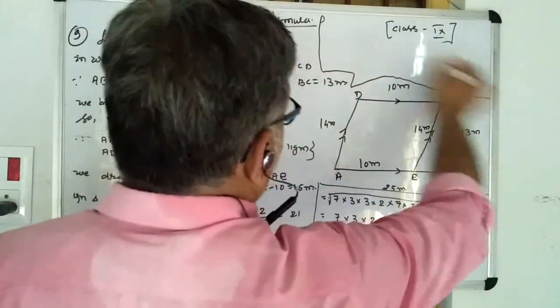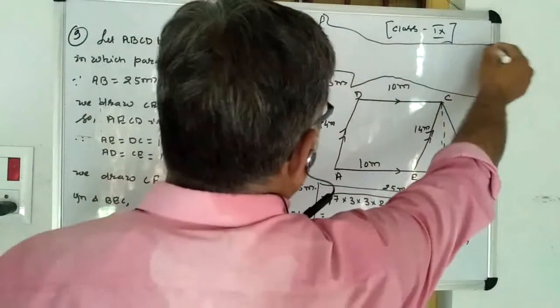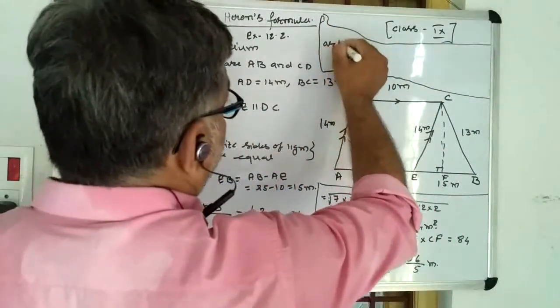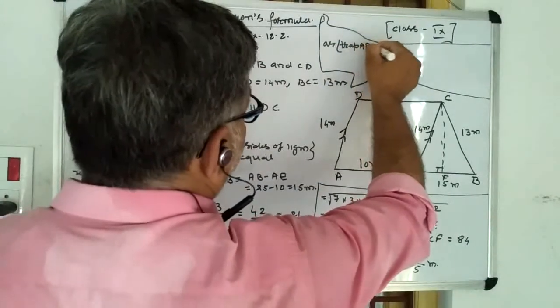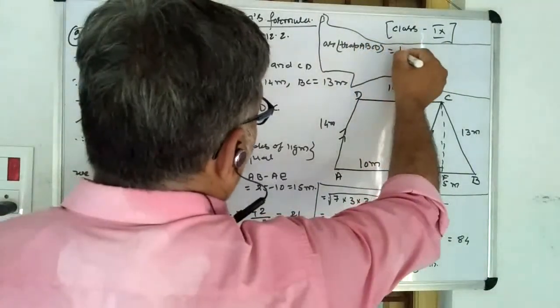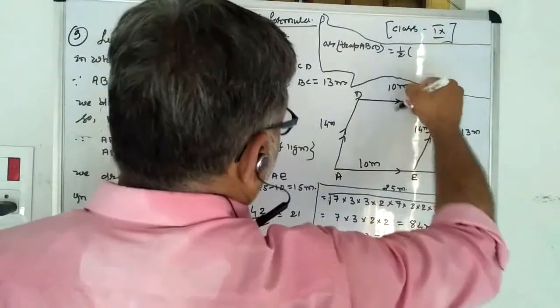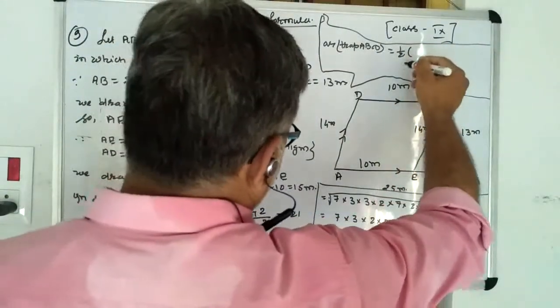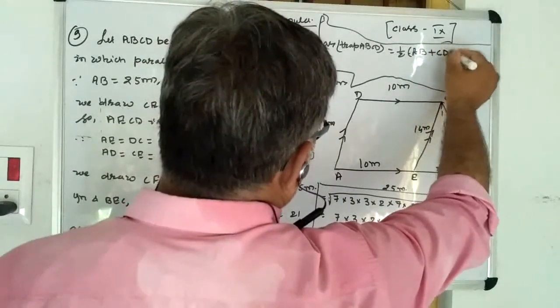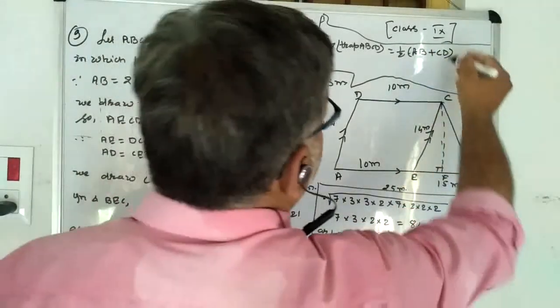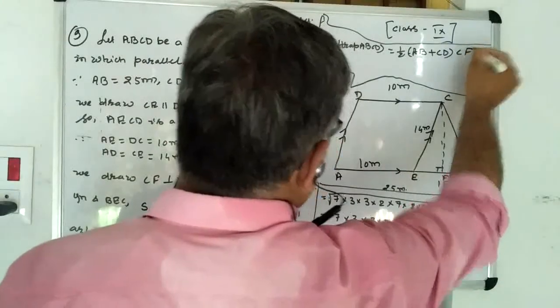That area of trapezium ABCD equals half into sum of parallel sides, that is AB plus CD, and distance between them, that is CF.